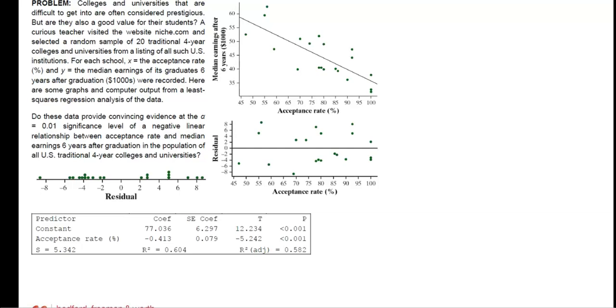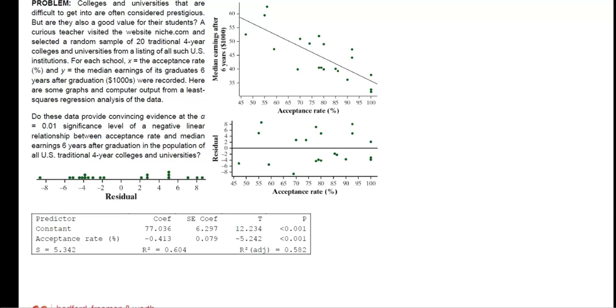Colleges and universities that are difficult to get into are often considered prestigious, but are they also a good value for their students? It's actually a really good question for our students. A curious teacher visited the website niche.com for a random selection of 20 traditional four-year colleges and universities, from a listing of all such U.S. institutions. For each school, X is the acceptance rate and Y is the median earnings of its graduates.